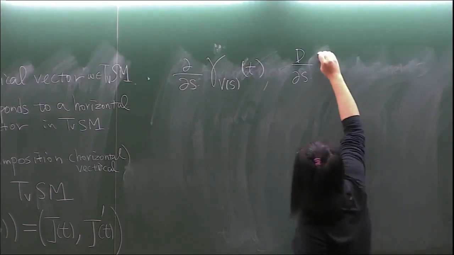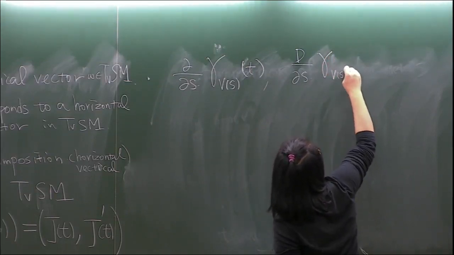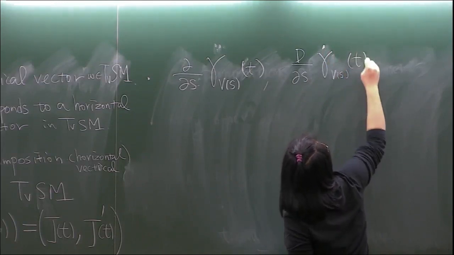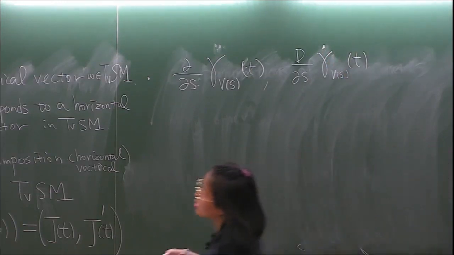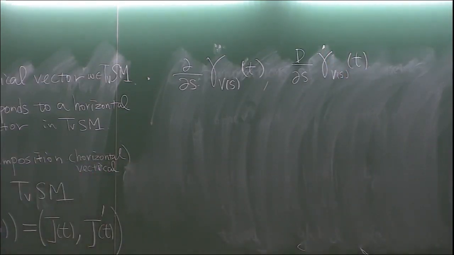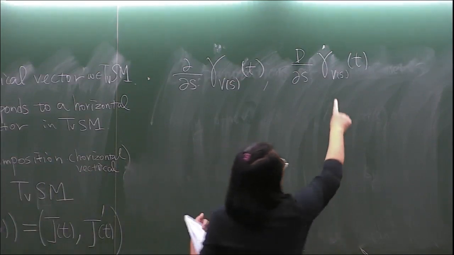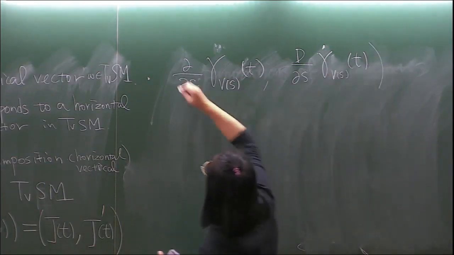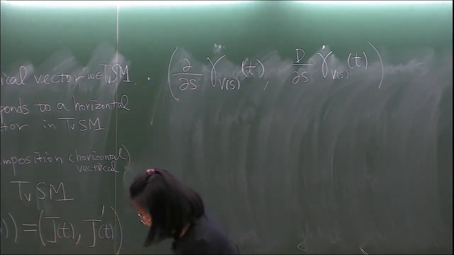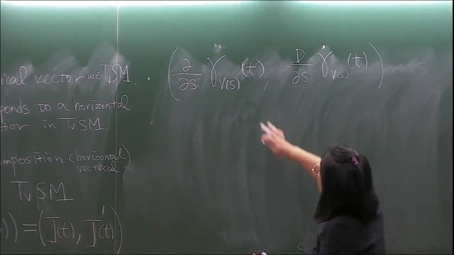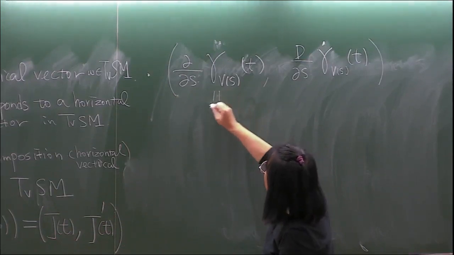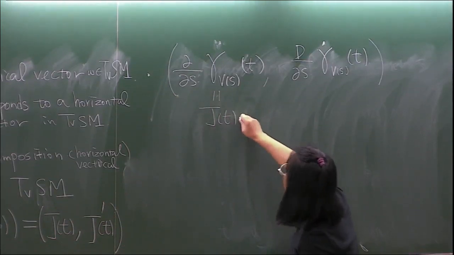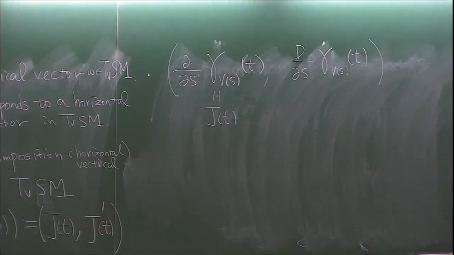Actually, it's gamma dot, right? Because you know phi t where it goes to this. Okay, so this is gamma not. And then actually this is just by definition the Jacobian field at t, J_t.